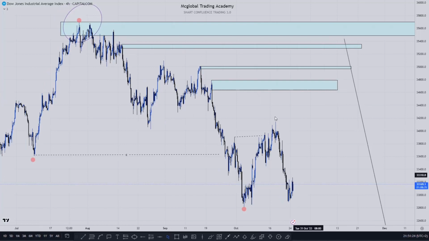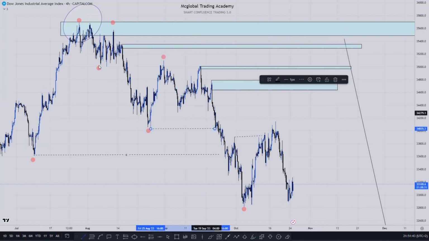To what extent? I'm looking at it because even if you follow this inside structure, that was a low, that was a low, that was a high, that was a high. Remember what I even showed you in the afternoon? They broke here, they broke there, they broke there, like this.